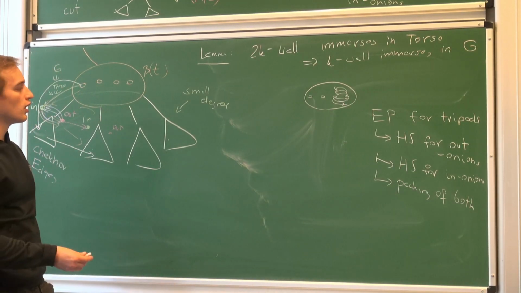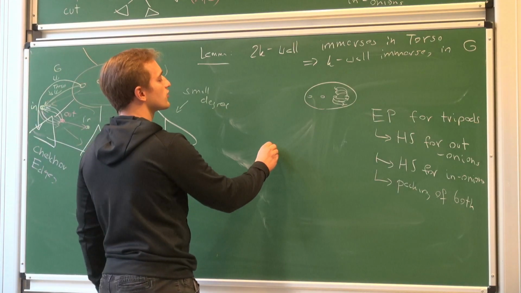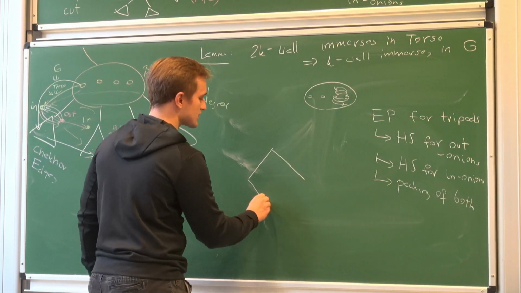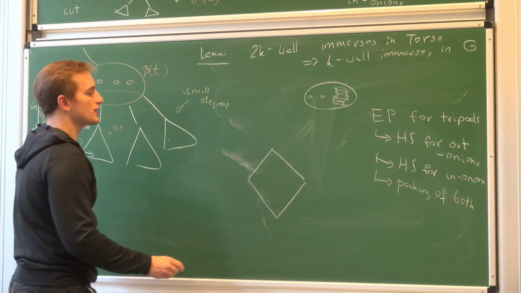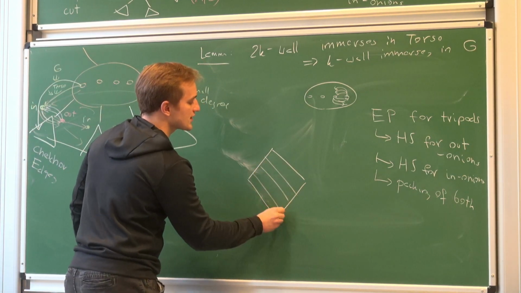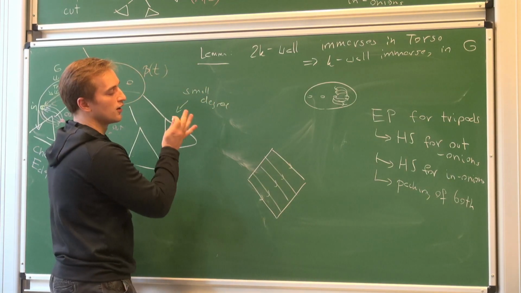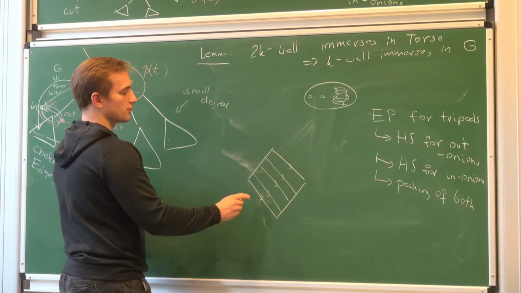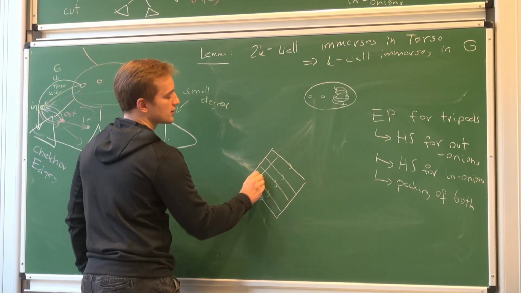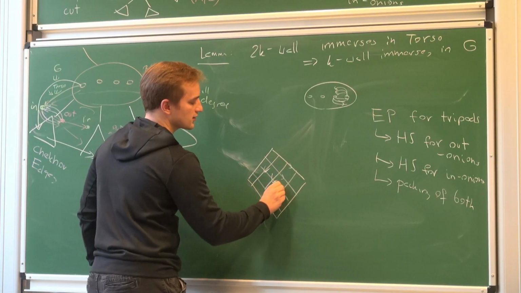So I wanted to skip it a bit because this is a bit out of topic. But there is an example where you take a grid, you orient everything from top left to bottom right, and dually like this.